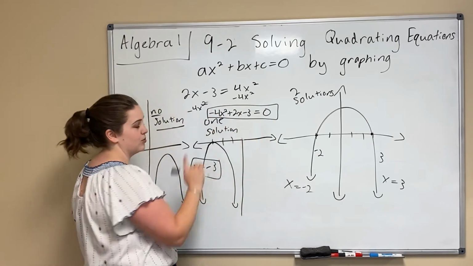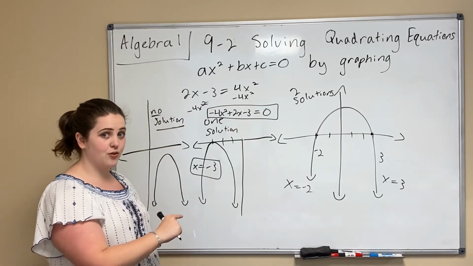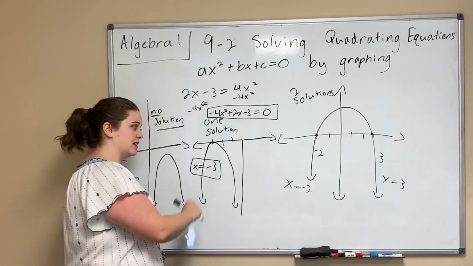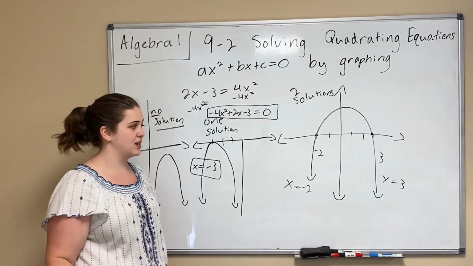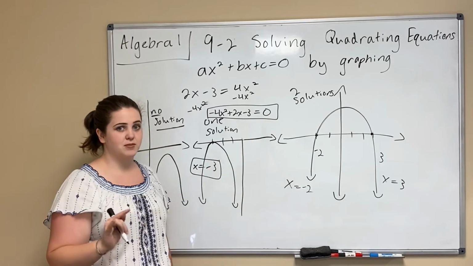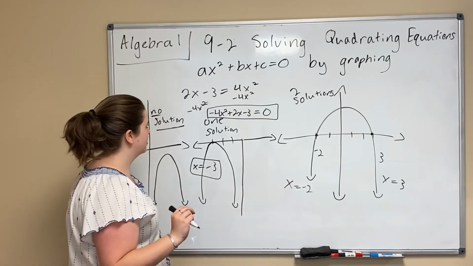I have to rewrite it in standard form so that I can then do all of my 5 steps from yesterday, find the x-intercepts, and those will be your solutions.